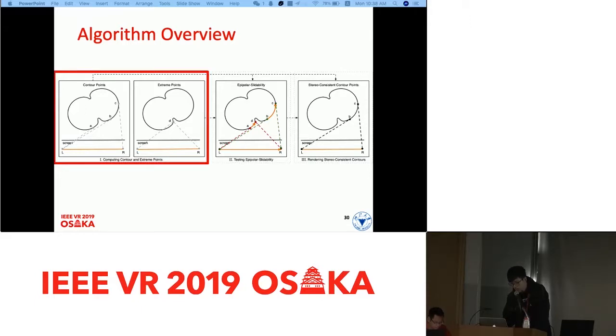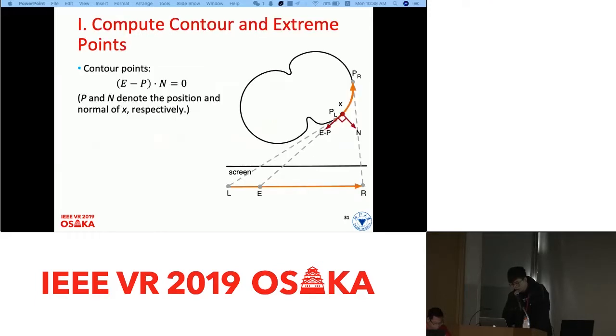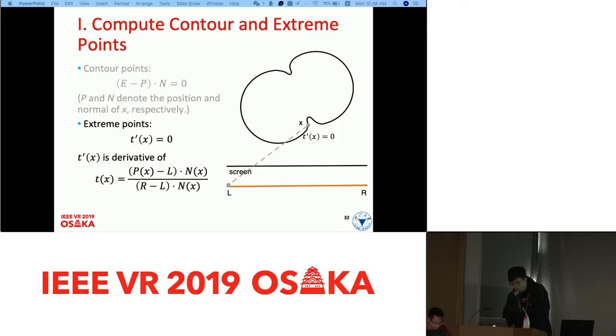The first stage is to compute contour points and extreme points. To compute contour points, we find surface points where the view direction and surface normal are perpendicular. Mathematically, extreme points are points where the value of the derivative is 0.